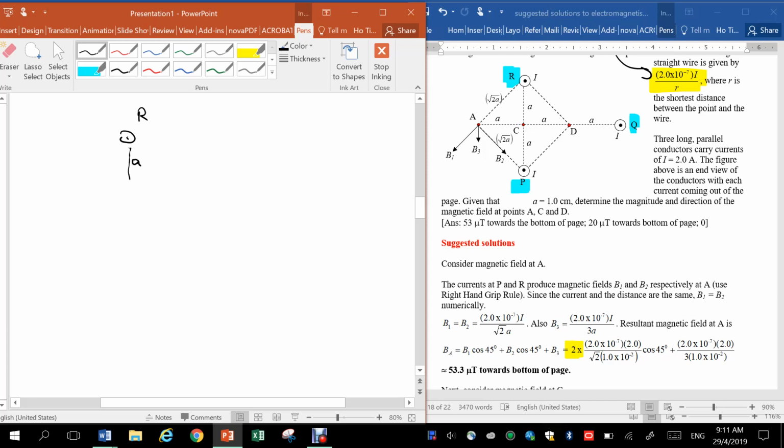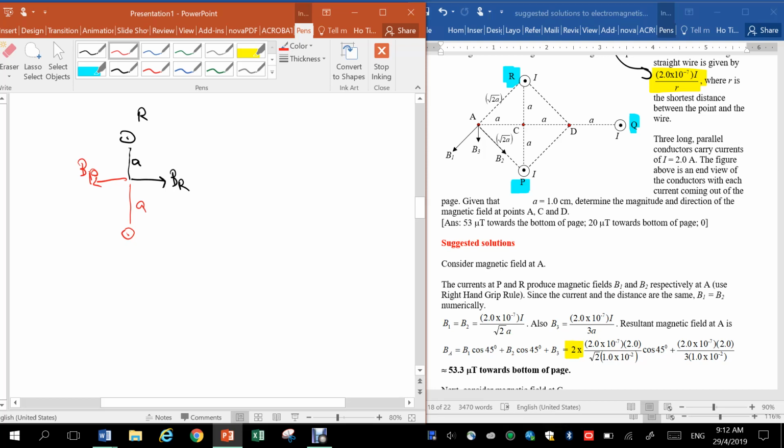So using your right hand grip rule, the B field due to R points this way. P is the distance A away, pointing out the right hand grip rule, the B field due to P points to the left. And these two values are the same, right?